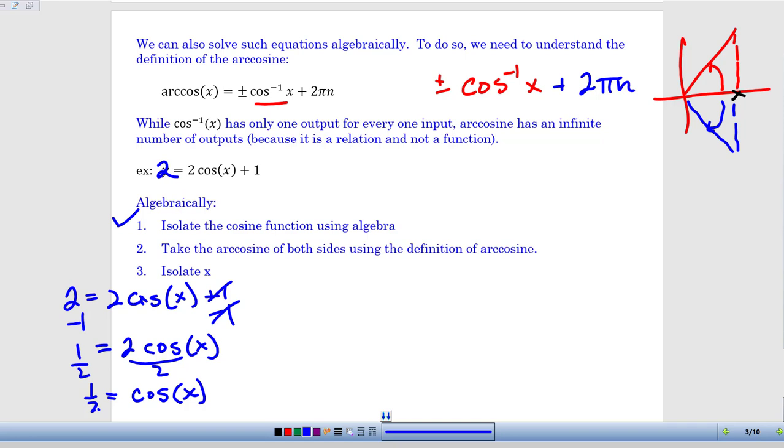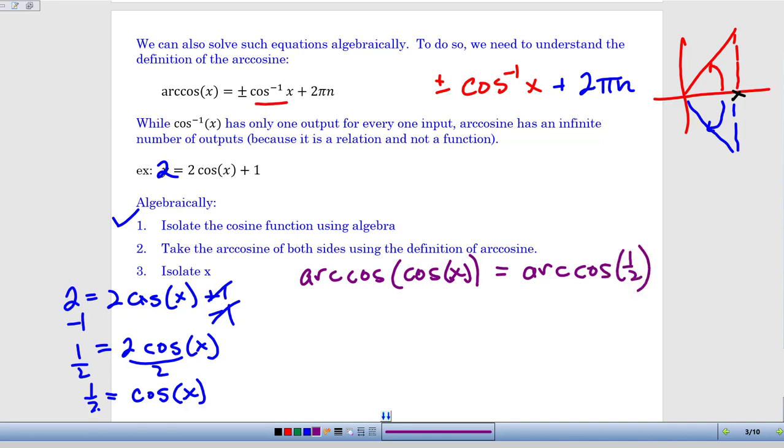And so we're going to use this arc cosine, which is going to undo the cosine. I'm going to take the arc cosine of both sides. So we think of this as we're going to have the arc cosine of the cosine of x equals the arc cosine of 1/2.